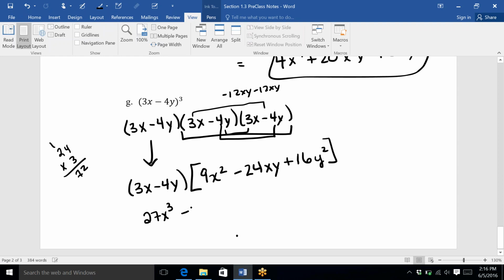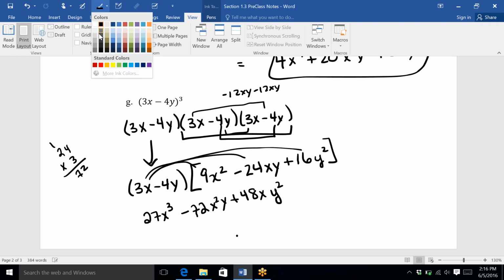So that's negative 72x squared y, because you have an x times another x and you have a y. And then 3 times 16 is positive 48, and we have an x and a y squared. So that is 3x times each of those 3.